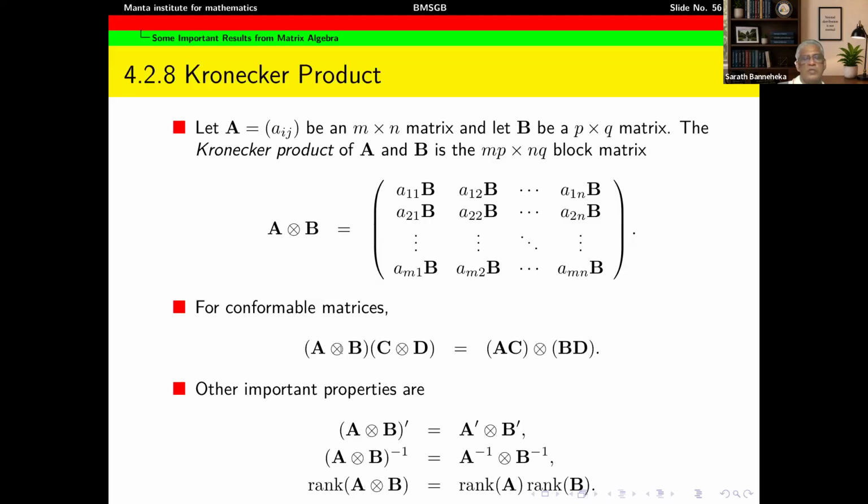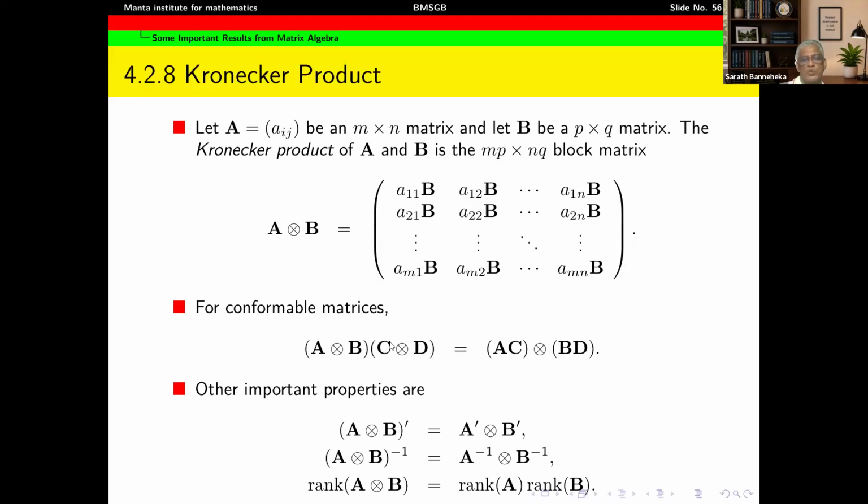So if you consider the usual product of A and B, and the Kronecker product of C and D, here this matrix is a block matrix times the usual matrix product. Therefore the dimension of A and B should match the dimension of C Kronecker product D, so that the usual matrix product is meaningful, right? So that's what we mean by conformable matrices.